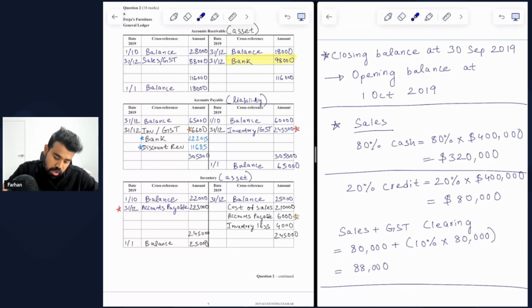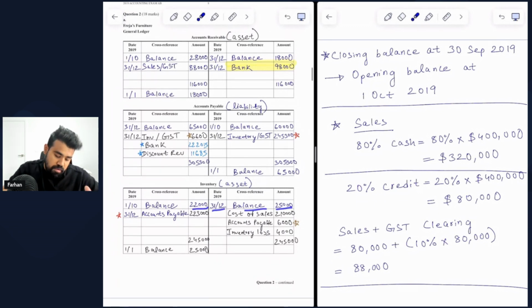So first of all, we understand that inventory is an asset account as well. Which means the opening balance must be on the debit side and the closing balance must be on the credit side. So on the 1st of October, you can see I've included the opening balance of 22,000 on the debit side. And you can also see that on 31st of December, we have included the closing balance on the credit side of 25,000.